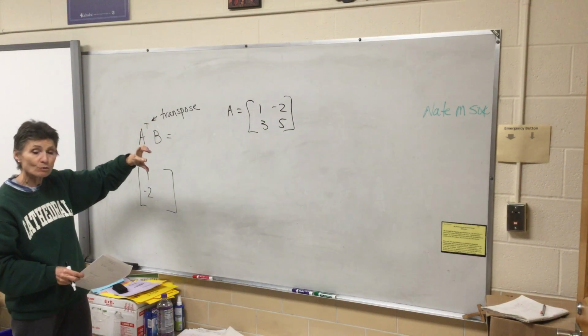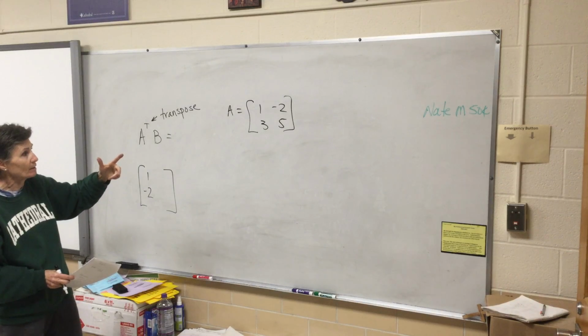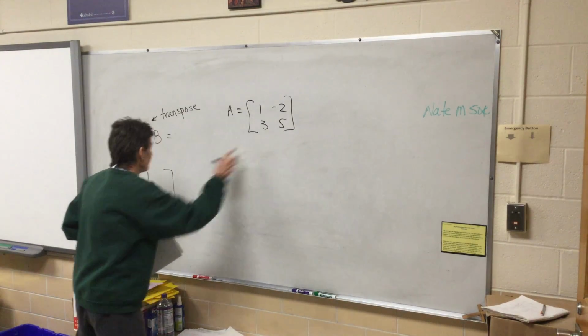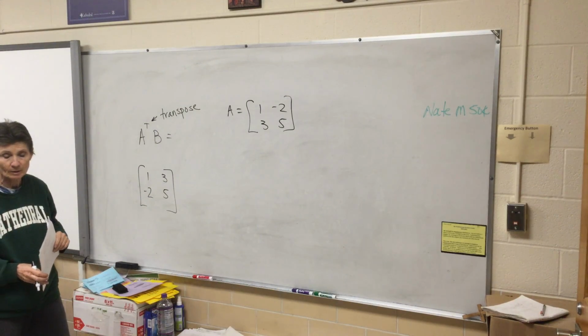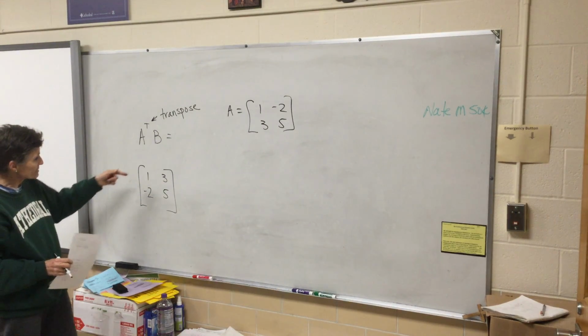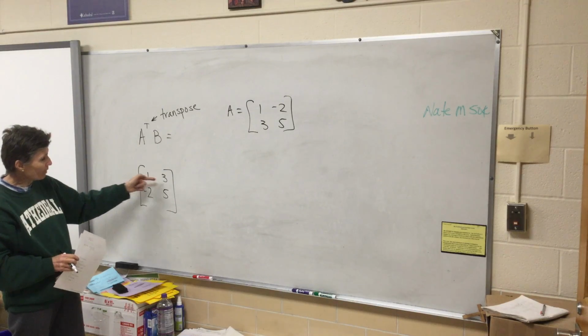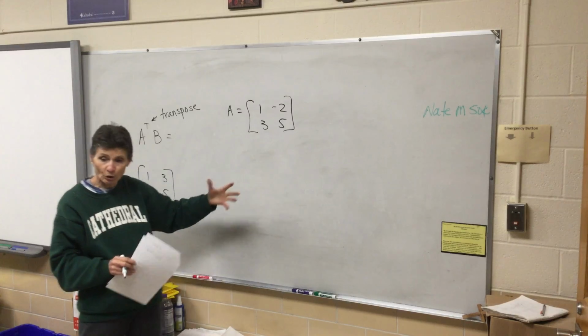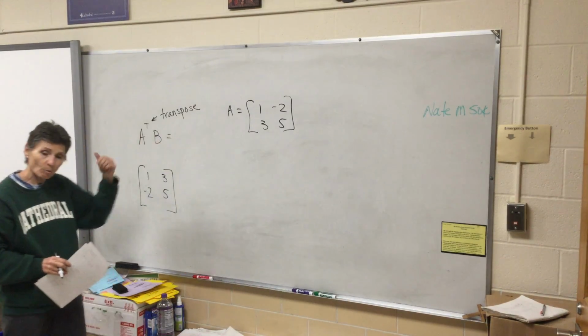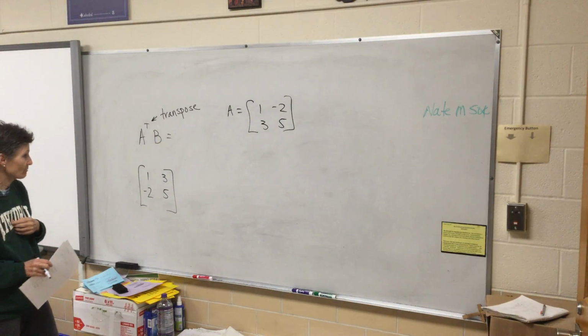The transpose switches the rows and columns. So then row 2 becomes column 2. Now notice that row 1 is now 1, 3, and that used to be column 1. That's how it works. What was a row becomes a column, and vice versa.